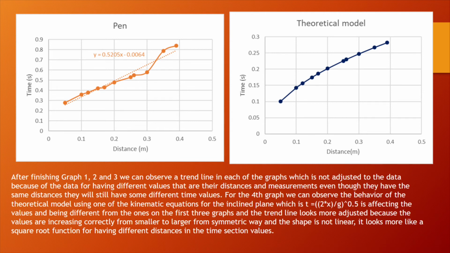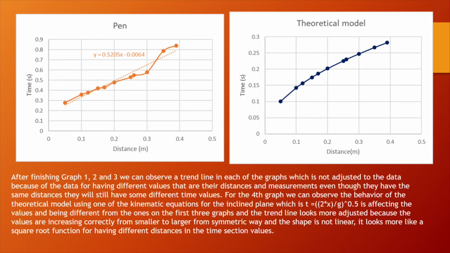For the fourth graph, we can observe the behavior of the theoretical model using one of the kinetic equations for the inclined plane, which is t equals (2 times x divided by g) elevated to 0.5, which is affecting the values and being different from the ones on the first three graphs.